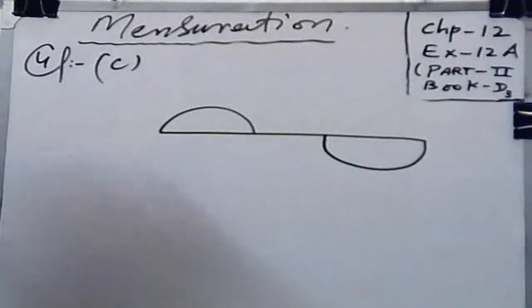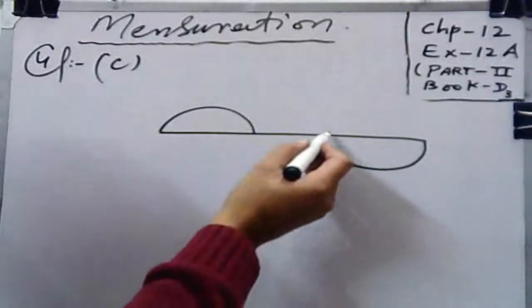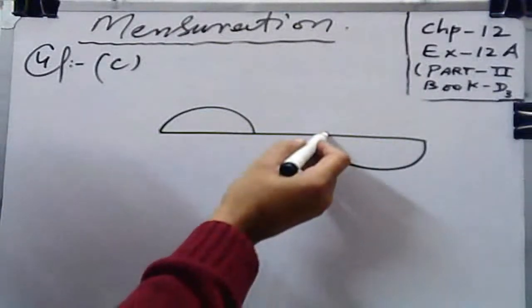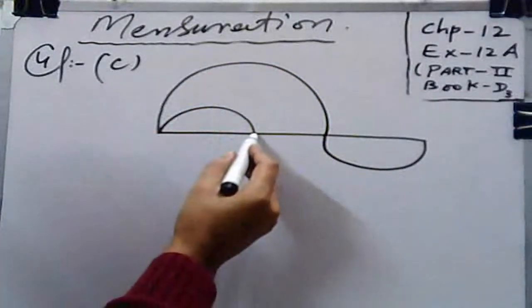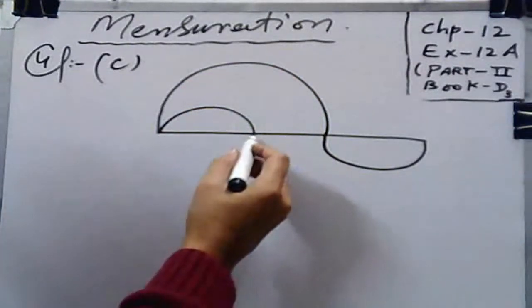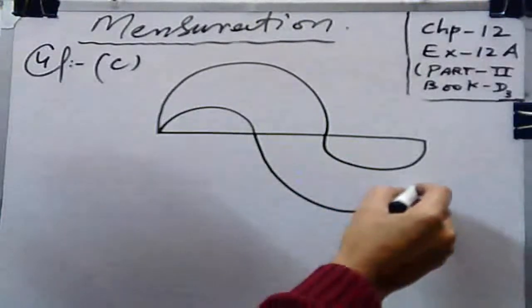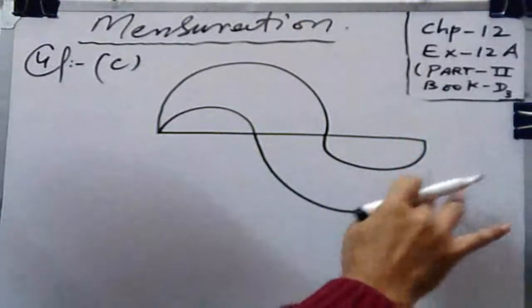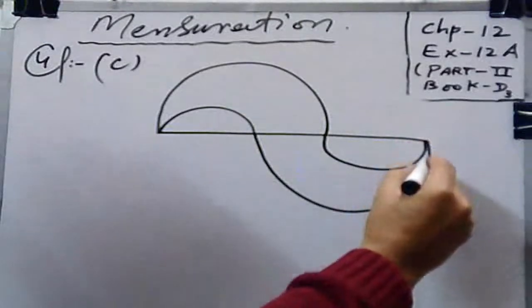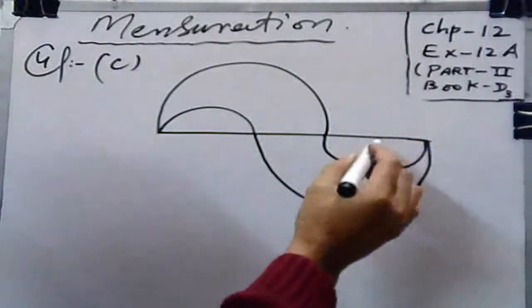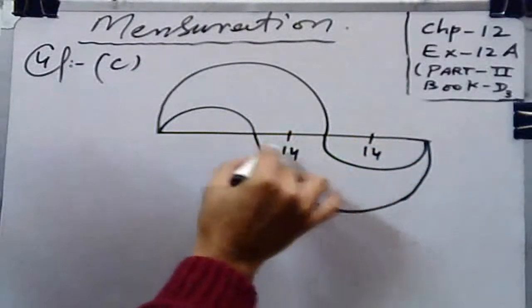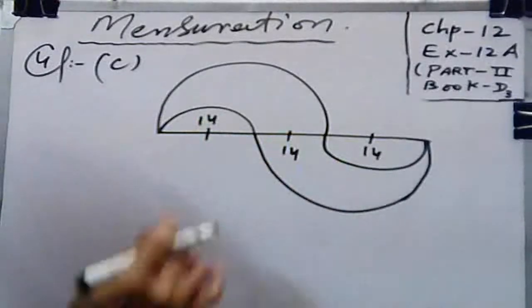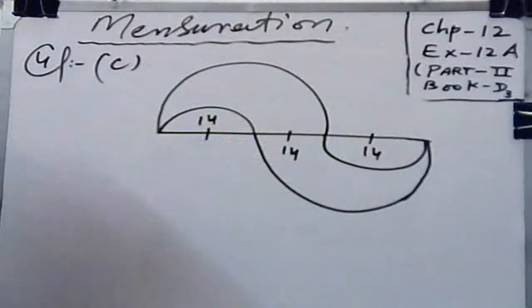Now you can draw another big semicircle that is like this, and similarly here you can also draw a big semicircle like this. So this portion is 14, this one is also 14, and this one is also 14 diameter. So you can say that we have to find the area of a shaded region.